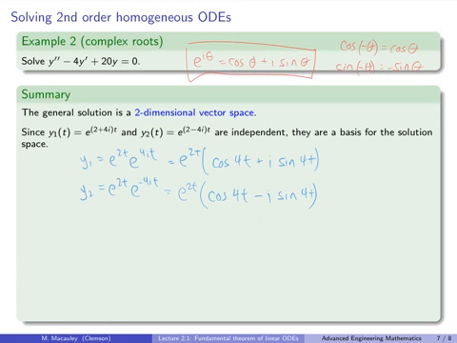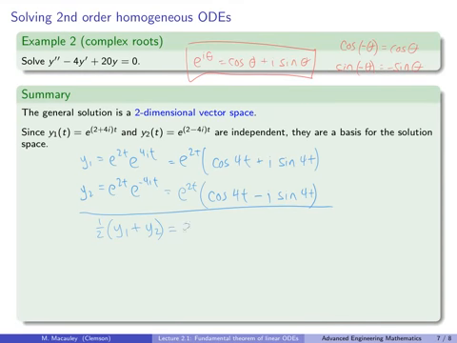Now what do you want to do? Well, let's add these things up. Let's take y1 plus y2, and look what happens. The sine terms cancel, and we get 2 e to the 2t times cosine 4t. So let's take 1/2 of y1 plus y2.